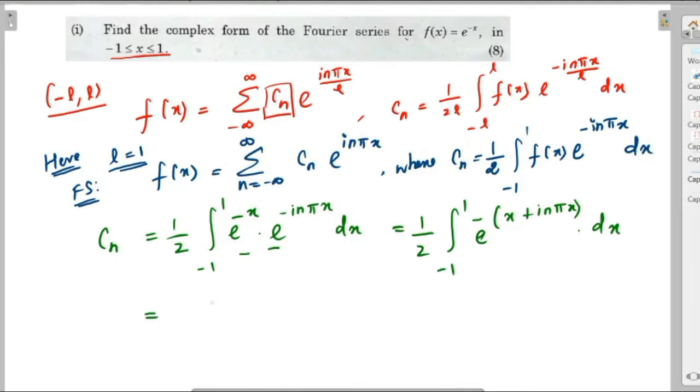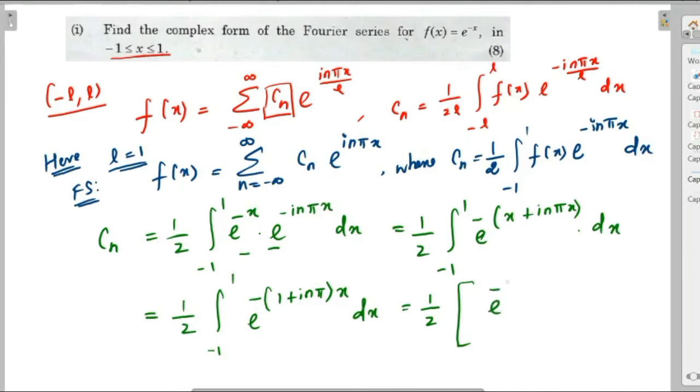So now I'm going to integrate. Before integrating, I'm going to rewrite it as integral from minus 1 to plus 1 of e power minus of 1 plus i n pi times x, where I have taken x as a common term in the bracket. This is equal to 1 by 2. If you integrate, you get e power minus of 1 plus i n pi into x divided by minus of 1 plus i n pi, with upper and lower limits.